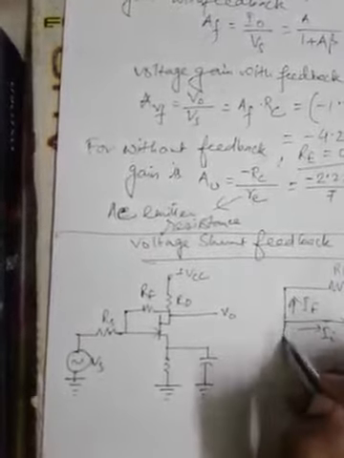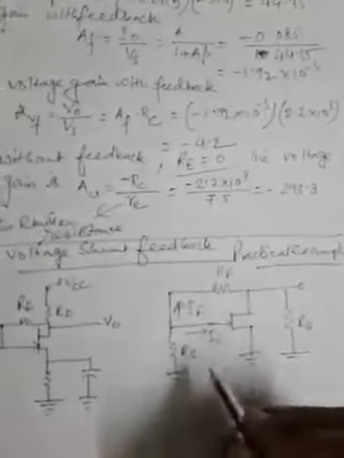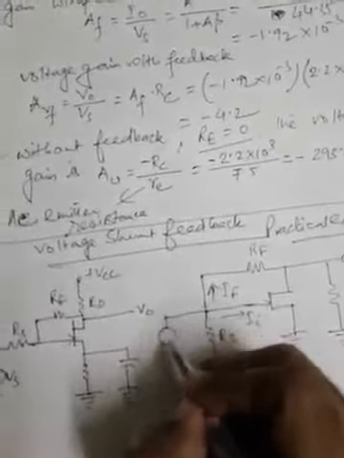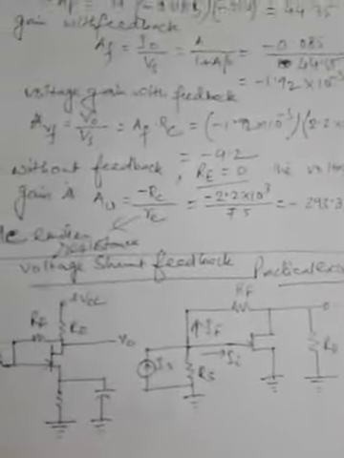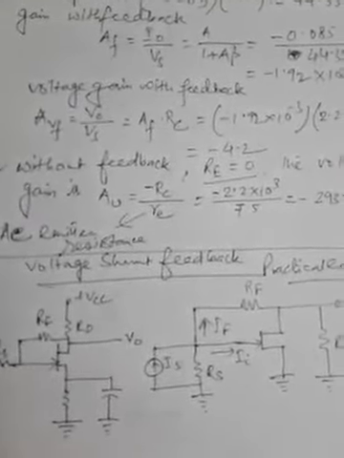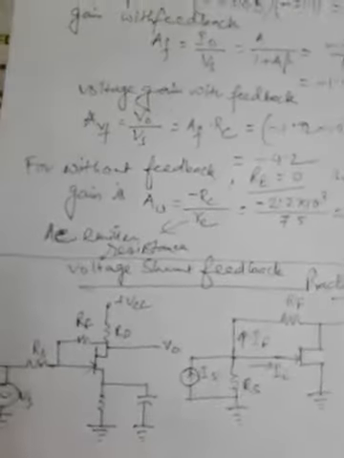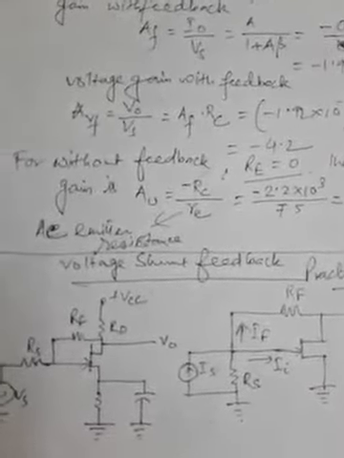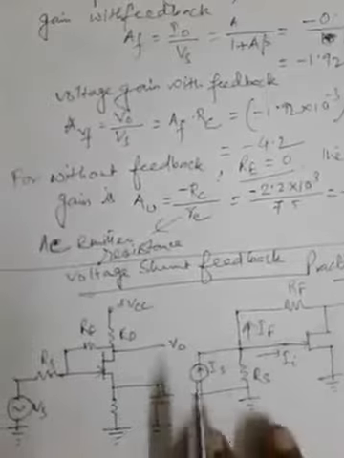In the other direction, RS is connected to ground, and here it is the current source IS, which is connected like this. So this is the equivalent circuit. As we are using the voltage shunt feedback, the VS is equivalently shown as IS because of this shunt connection with the input.